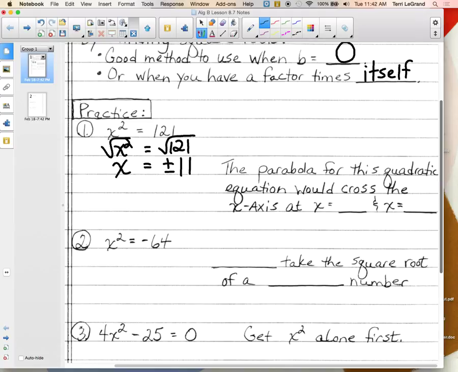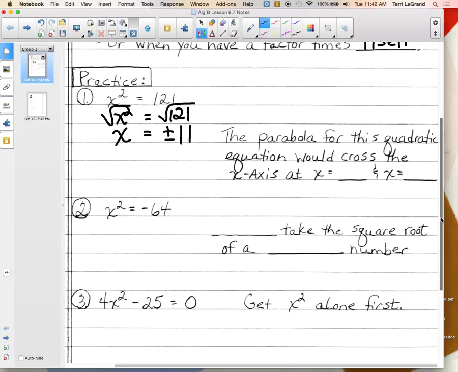So where would the parabola for this quadratic equation cross the x-axis? So we get this parabola. By the way, would it open up or open down? Open up. b is equal to 0, by the way, isn't it? If we did move that 121 over, would b be equal to 0? Because there are no x's, are there? Just an x squared and then a constant. So would we have a parabola opening up? Where would its vertex be? 0.